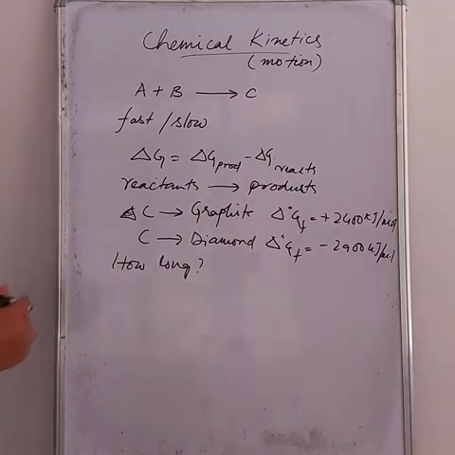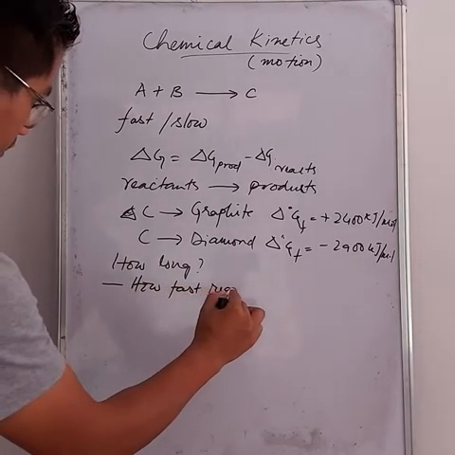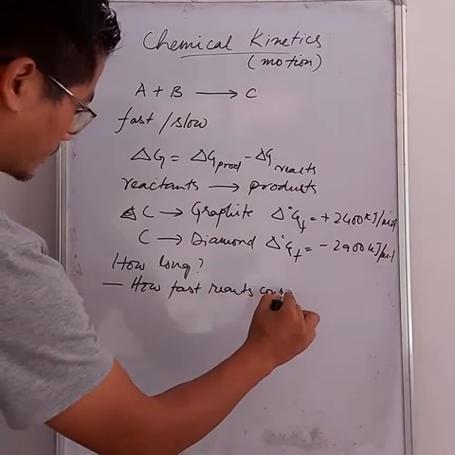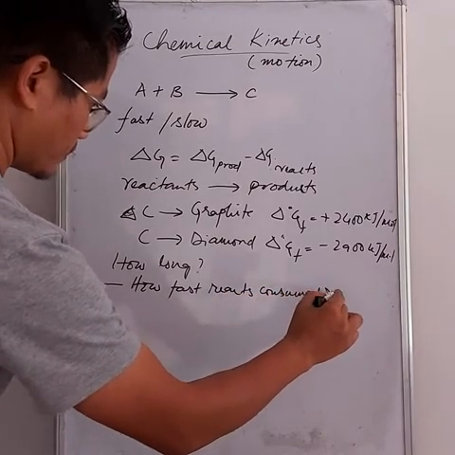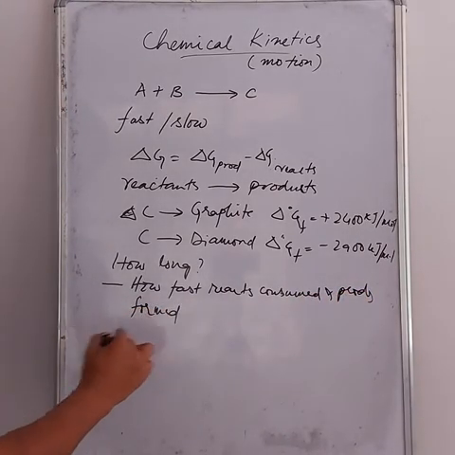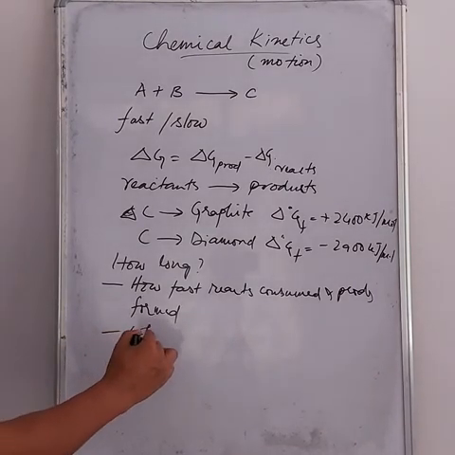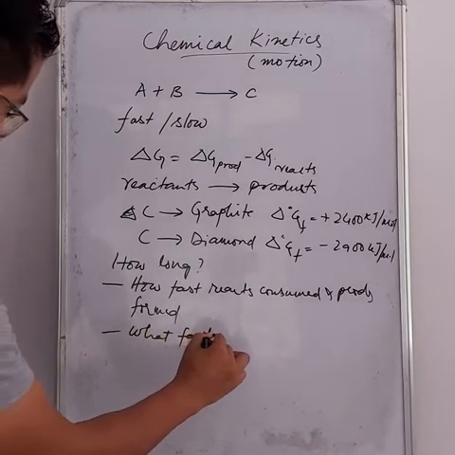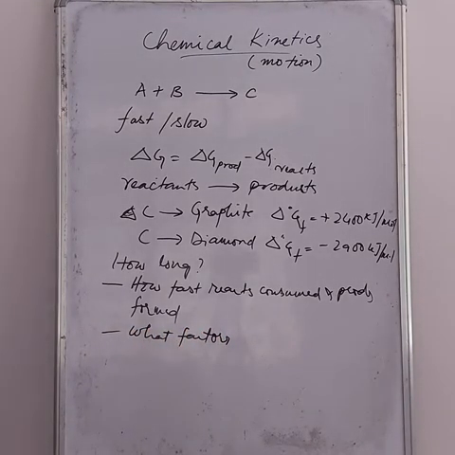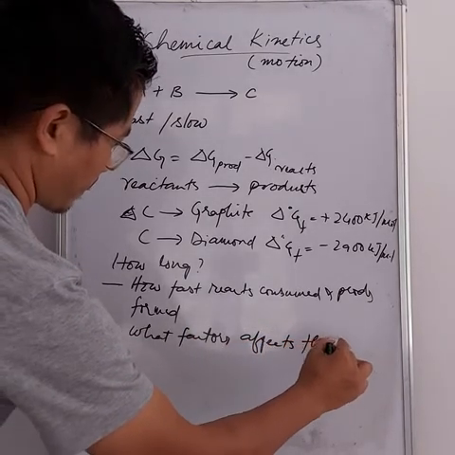So in this chapter, we'll be focusing on how fast reactants are consumed and products are formed, and what factors determine or affect that process.